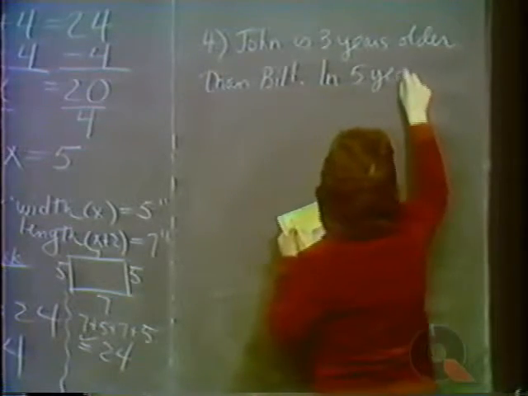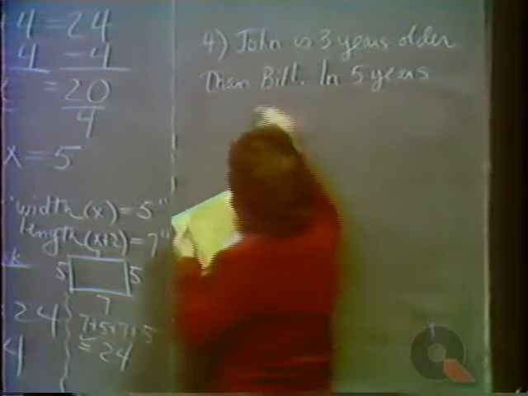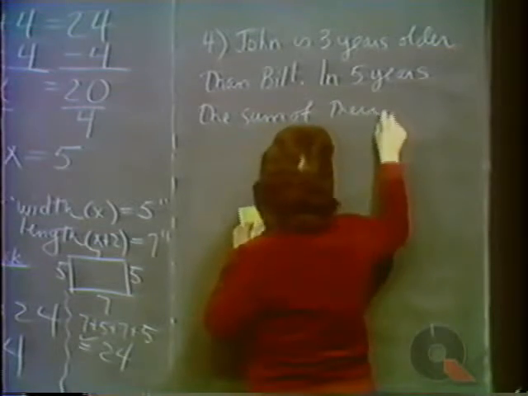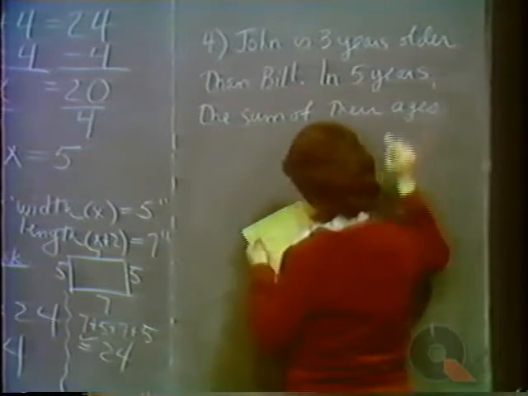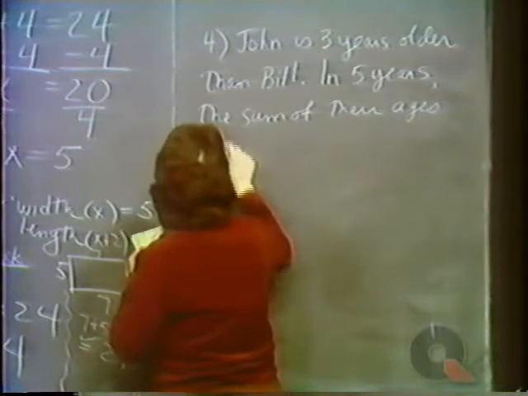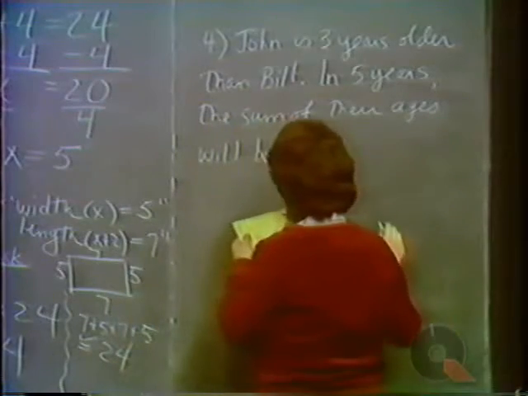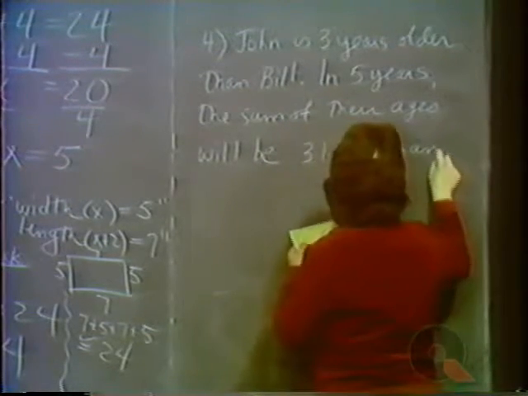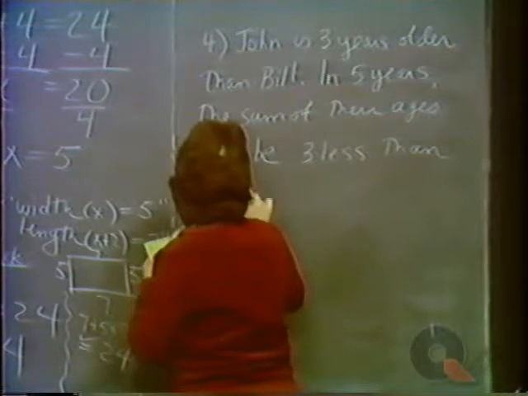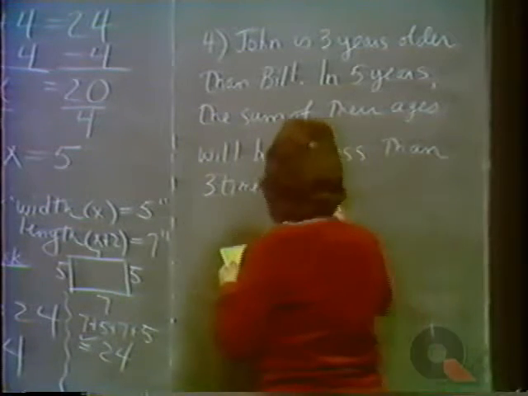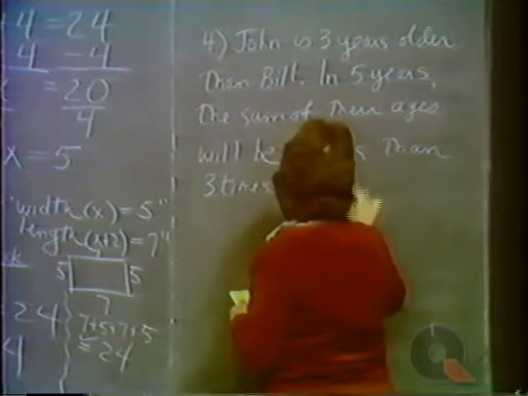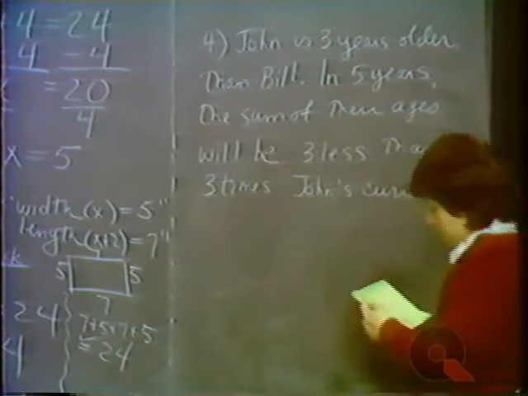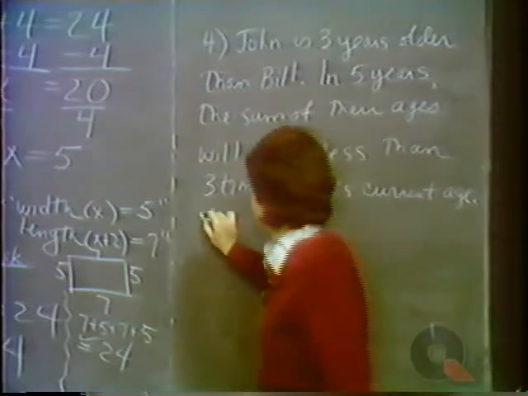In 5 years, the sum of their ages will be 3 less than 3 times John's current age. What are their ages now?